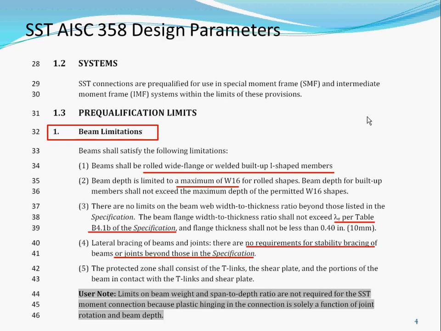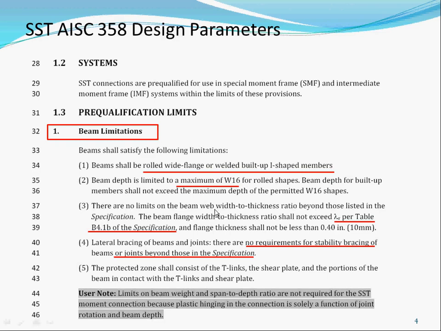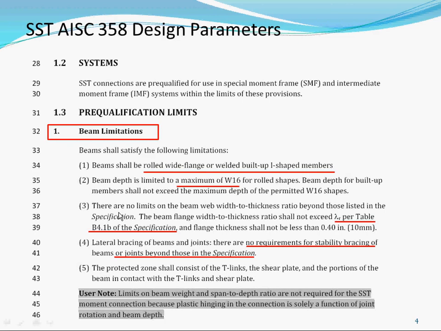There are no limitations on the beam width-to-thickness ratio beyond those listed in the specification. The reference here, when it says specification, is referring to the 360. Typically, that's how they write it: the specification.